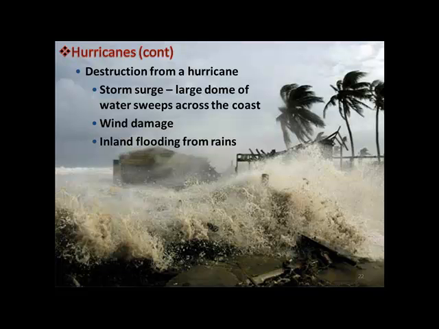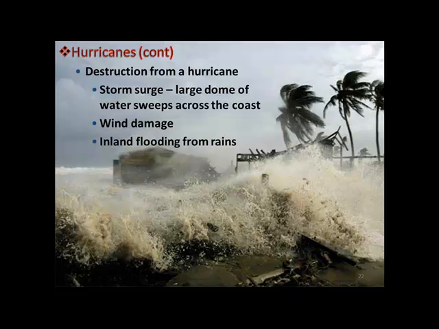Hurricanes obviously cause a lot of destruction to both the land and the economy. Destruction from a hurricane doesn't always just come from the wind, but from other aspects too. There's the storm surge, a large dome of water that sweeps across the coast. Basically, a very big tide. Not quite a tsunami, but a very, very big wave of water will wash into an area and flood the coastal areas.